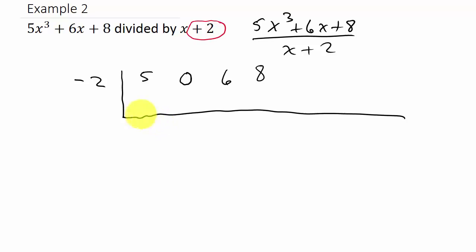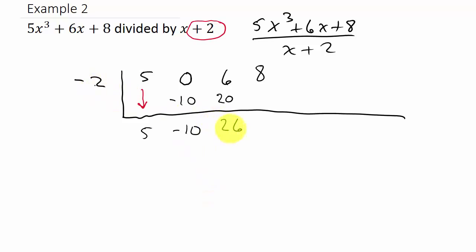Now remember how we did the first one. We take the 5 and we just bring the 5 down, so that's 5. Then negative 2 times 5 is negative 10, and we add: 0 plus negative 10 is negative 10. Then I multiply. Negative 2 times negative 10 is 20, and I add. 6 plus 20 gives me 26, and then I multiply.